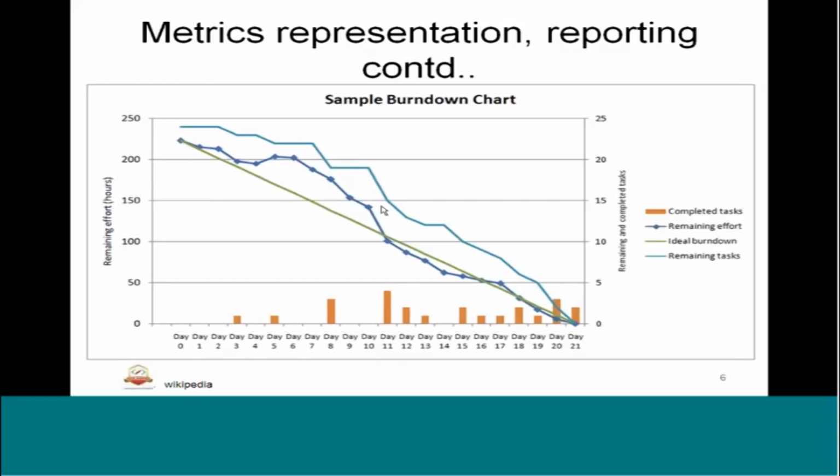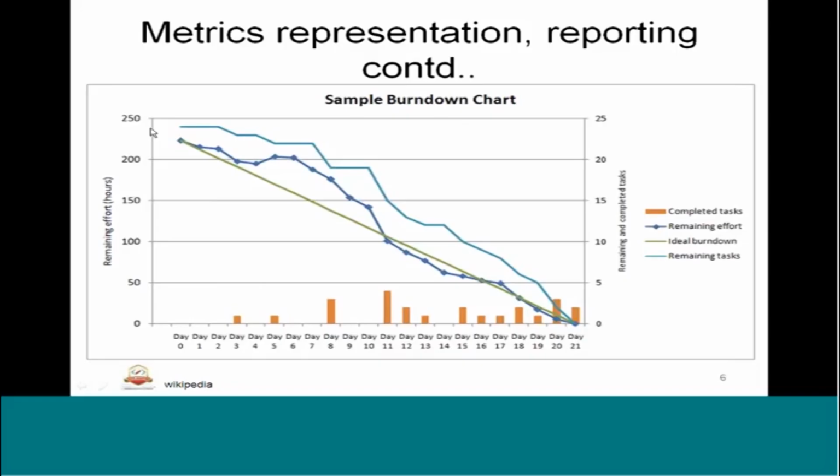It again depends on the resources, how much effort they have put in, and whether the resources are on vacation. Over the overall program you can see ups and downs are common, but at the end of the program we should make sure that we reach the tasks completed as well as the effort hours, and whatever we consume should be well within the range.